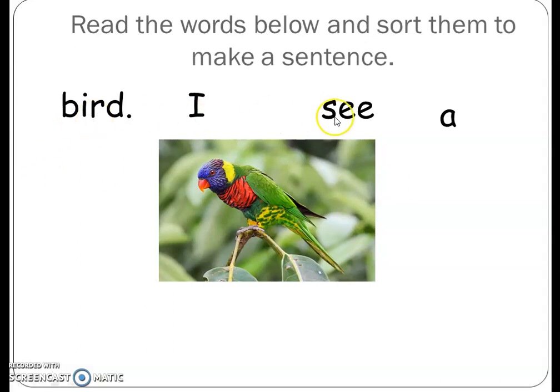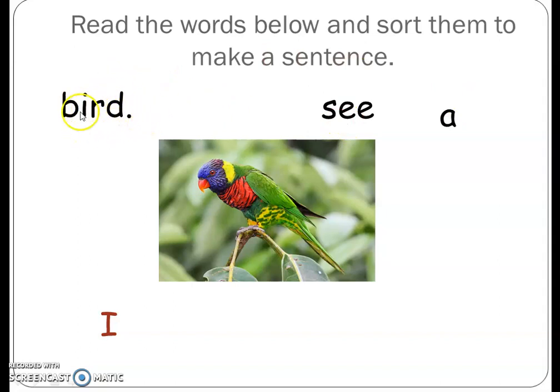Bird, I see a. Let's first look for that capital letter. I is capital. It's by itself. And it's the only capital. So we know that this is going to be the beginning of our sentence. I. We see bird has a period at the end.